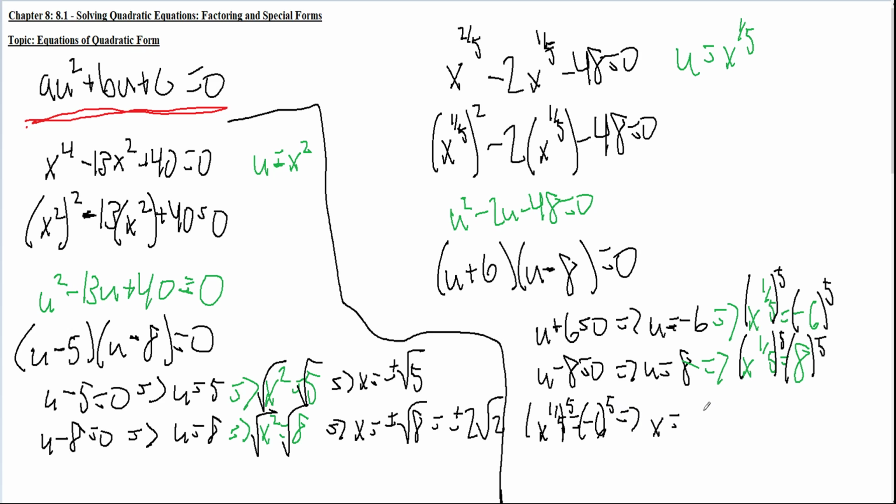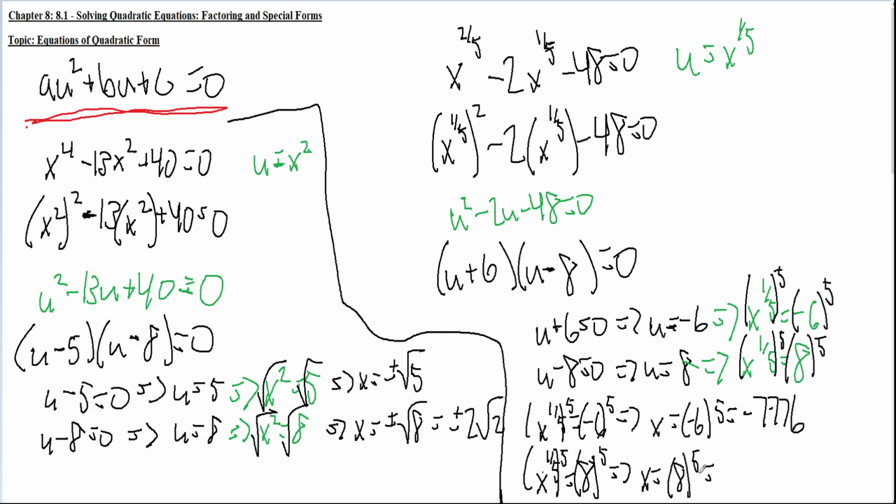So x is equal to negative 6 raised to the 5th power, and that is equal to negative 7,776. And our second solution for x is, if we have this, raise both sides to the 5th power, and so x is equal to 8 raised to the 5th power, and that is 32,768.